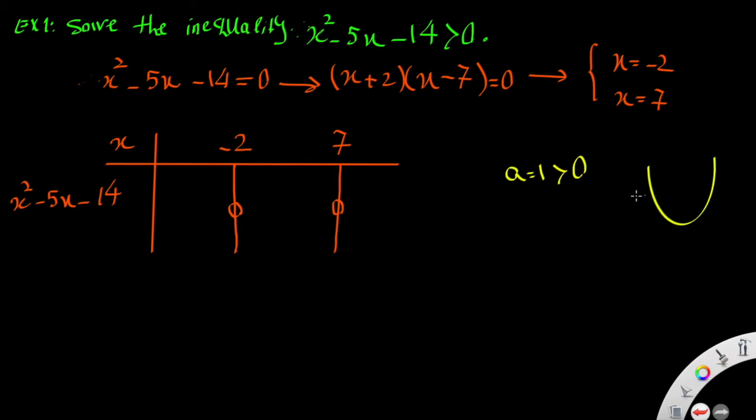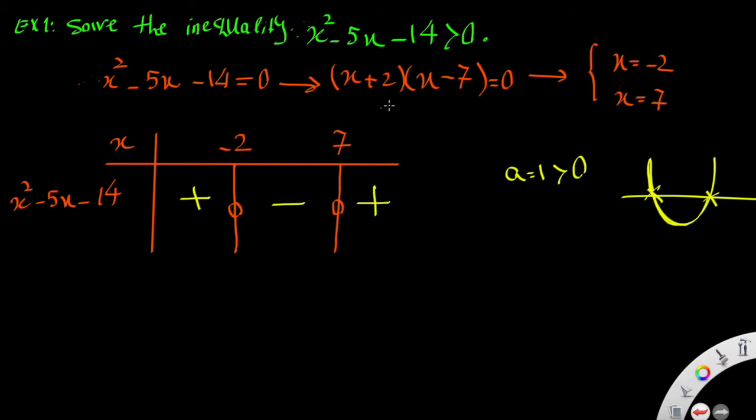So when it bends upwards, before the first root, it takes positive value. Between the roots, it takes negative value. And after the second root, it takes again positive value. So this expression before negative 2 is positive, between negative 2 and 7 is negative, and after 7 is also positive.